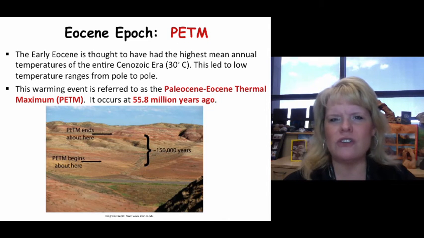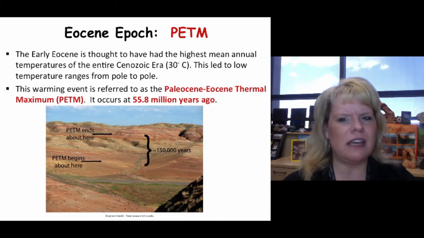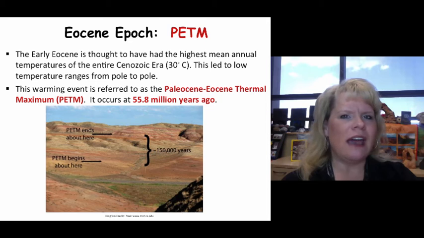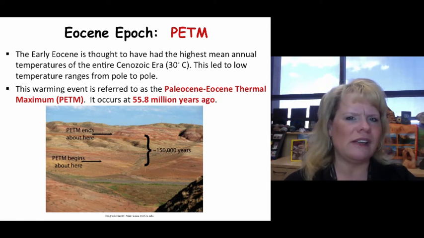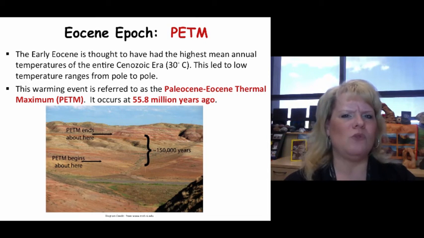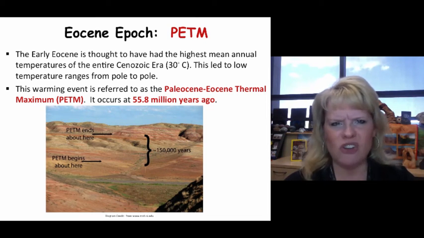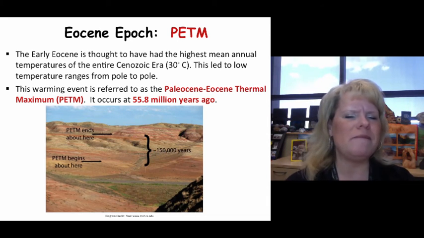It really didn't start till 55.8 million years ago. It really puts it in the Eocene time frame, because you're looking at 66 to 56 million years for the Paleocene. It's at that boundary marker. That's the bottom line. A majority of this particular event was an Eocene event. It happened at the very beginning of the Eocene.